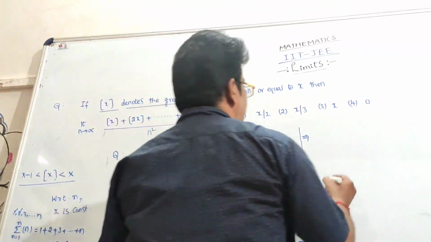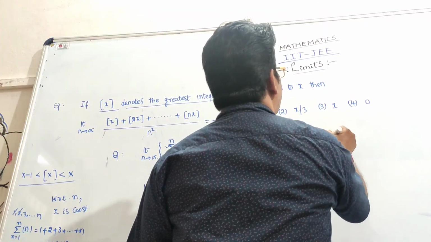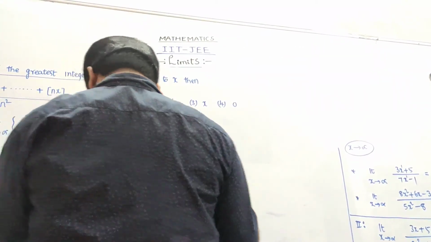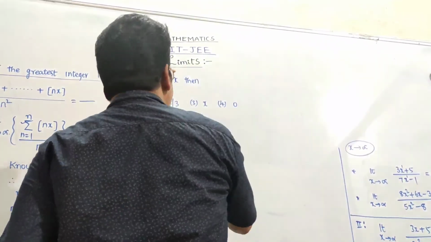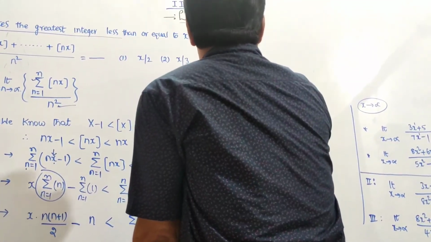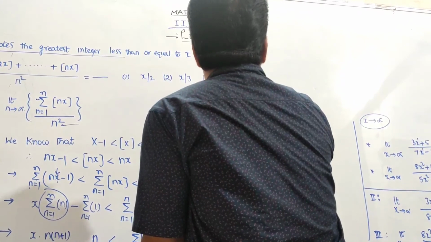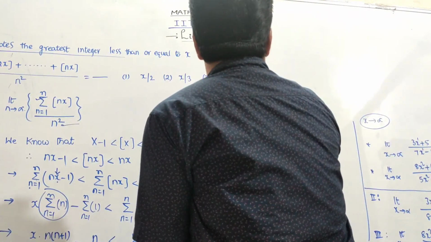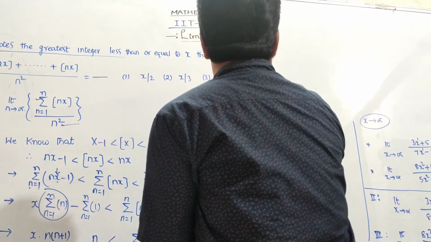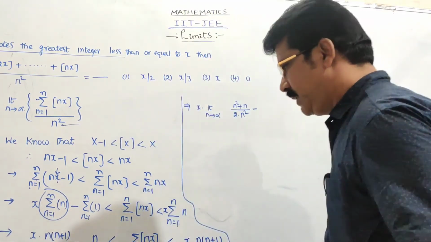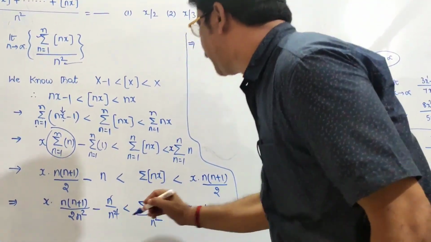So therefore, x into limit n tends to infinity n into n square plus n divided by 2n square minus n, one n is cancelled.